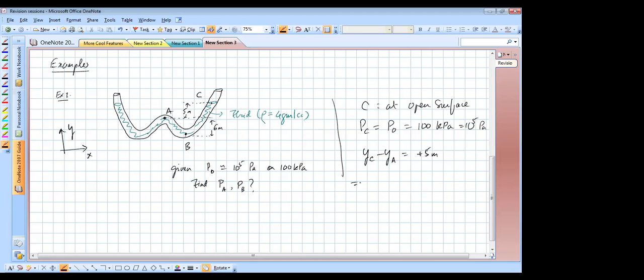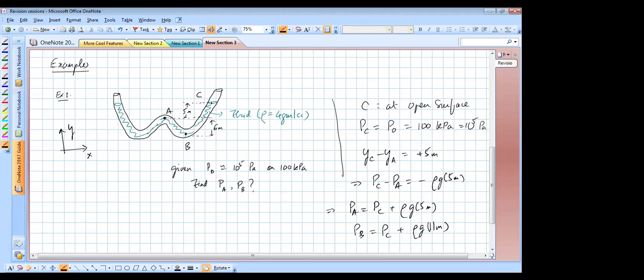So pressure at C minus pressure at A should be minus rho g into 5 meters. In other words, pressure at A should be equal to pressure at C plus rho g into 5 meters. And similarly, pressure at B should be equal to pressure at C plus rho g into 11 meters, because the height difference is 11 meters.